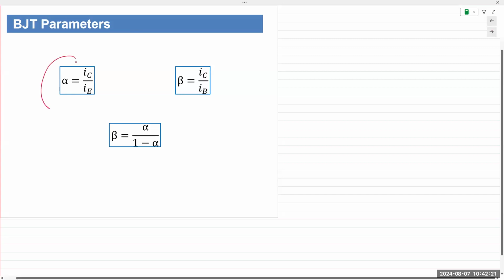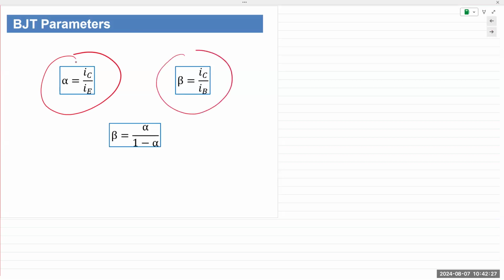Alpha stands for the ratio of the collector current to the emitter current. And beta, the most important, is the ratio of the collector current to the base current. This is a standard specification of a BJT. So if you buy a BJT off the shelf from a manufacturer, these two are part of the spec sheet.